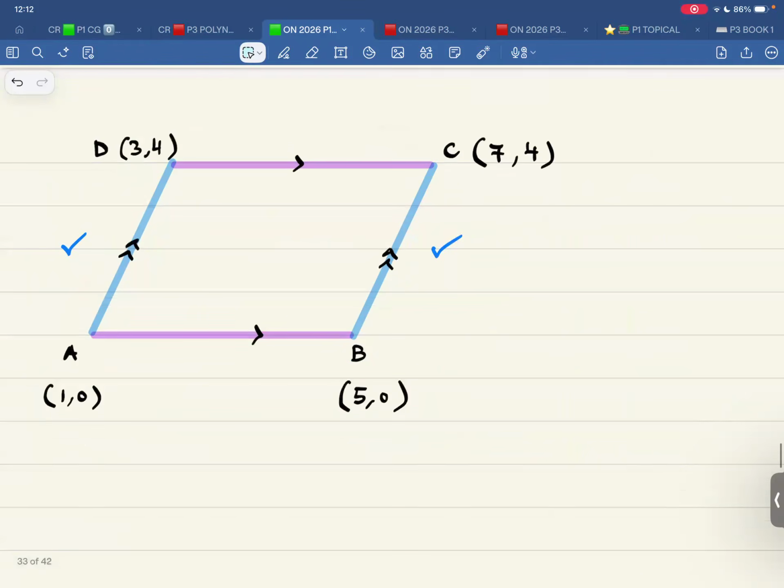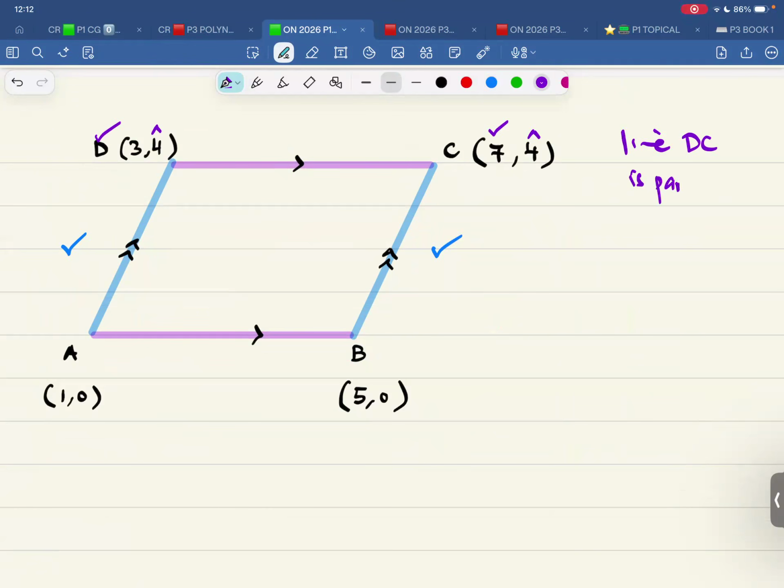So now over here, if I talk about D and C, the y coordinate is the same, so this line is parallel to x-axis. So line DC is parallel to x-axis. The y coordinate remains unchanged.